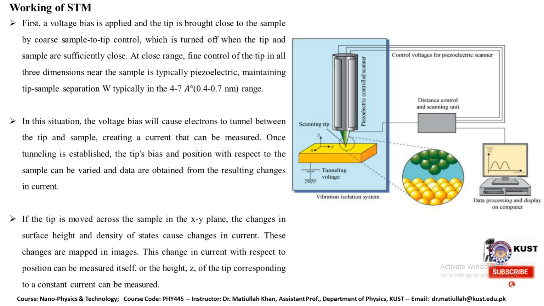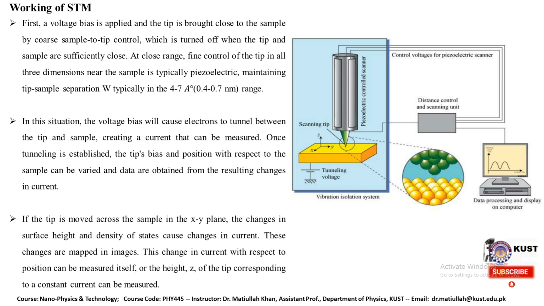So once tunneling is established, the tip bias and the position with respect to the sample can be varied, and data can be obtained at the computer front. I mean the data processing and display unit, that is the computer. If the tip is moved across the sample in the XY plane, the changes in the surface height and density of states cause changes in the current that can be detected with the help of the piezoelectric section.